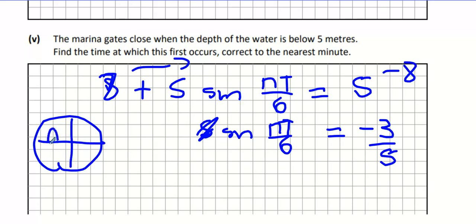Now, ASTC determines that sine is negative in 2 quadrants. What 2 quadrants are they?